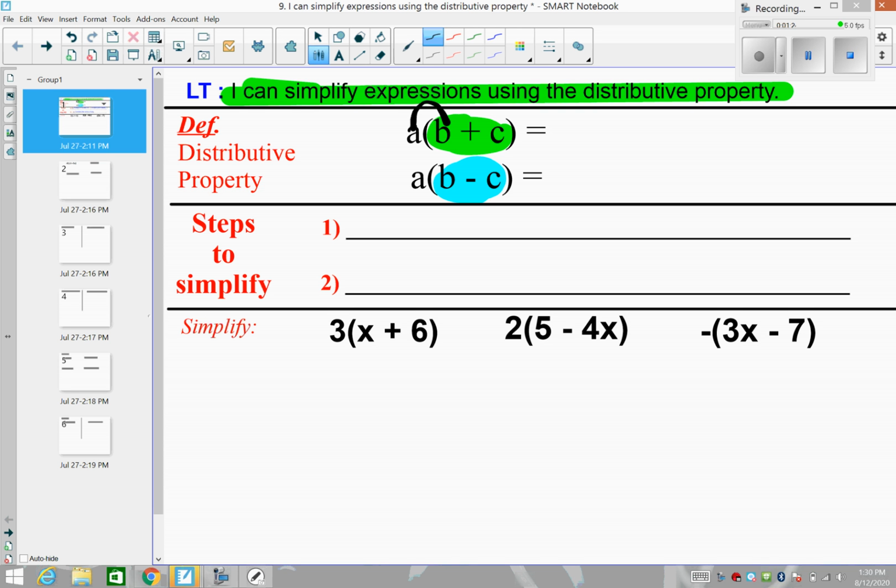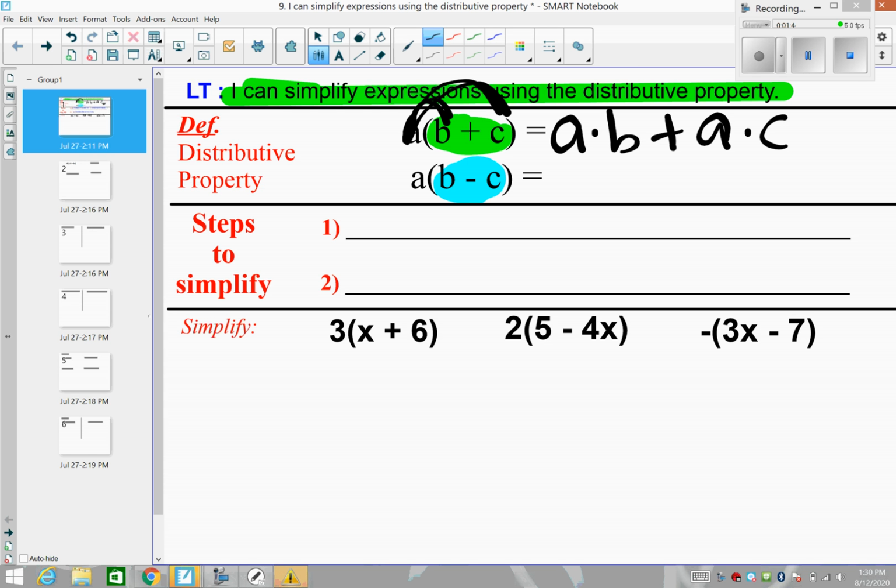I know not everybody celebrates Halloween, but just in handing them some candy to the first kid and to the next kid. So we'd simply multiply A times B plus A times C. So we just multiply A to the B and then A to the C.